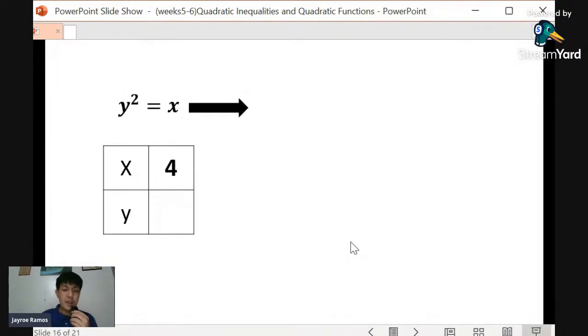So kapag ang x ay 4, it will become y squared is equal to 4. So what will be the value of y now? So you will just get the square root. Ano pang value ng y? 2 lang ba? Positive 2? Meron pang isa. Aside from 2, ano pa?